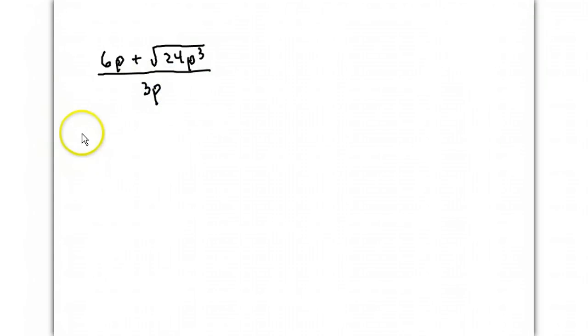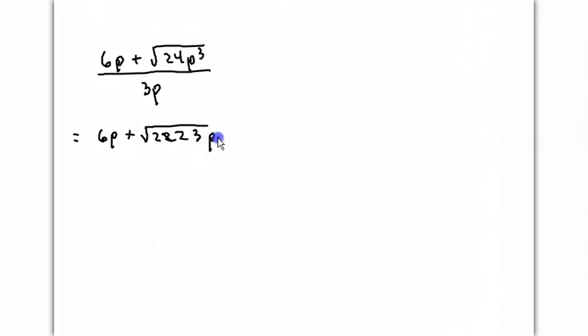Okay, let's say you had 6p plus the square root of 24p to the third, and you are dividing that by 3p. Well, you have to simplify the inside of the square root. So you have 6p. 24 is 8 times 3, so that's three 2's and a 3, and then 3 p's, because you have p to the third.